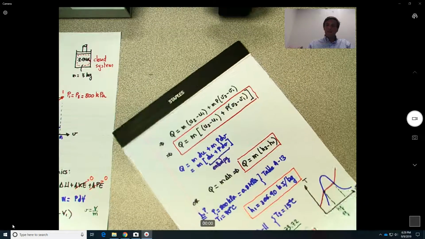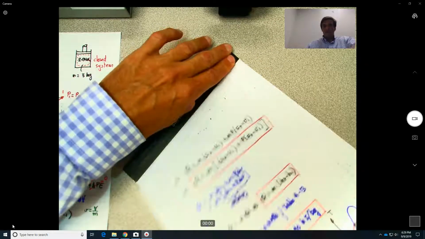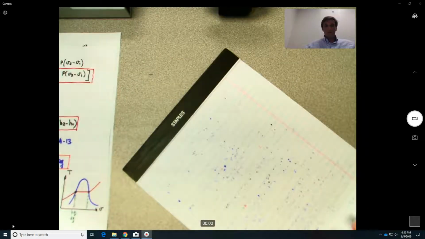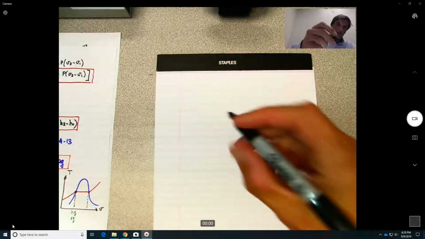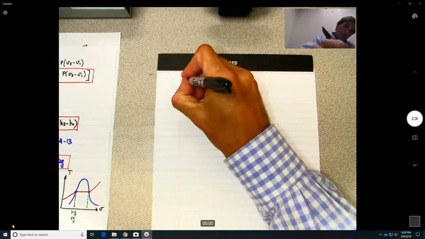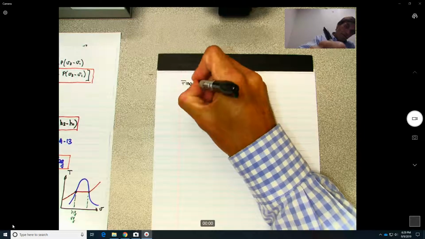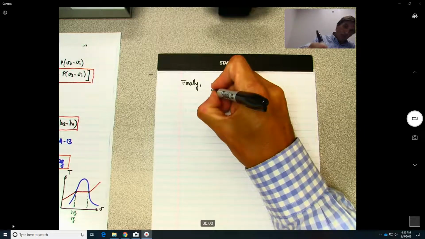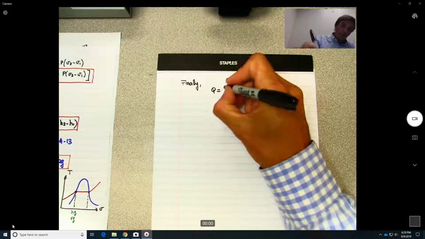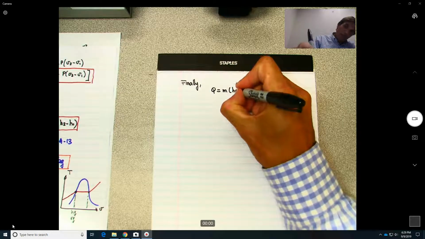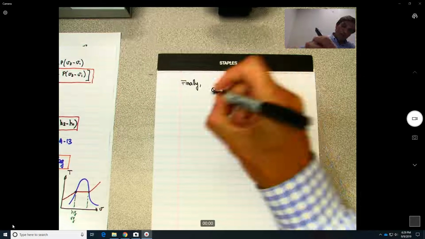Okay, so finally, we get Q, let's recall the equation, equal to M times (H2 minus H1).